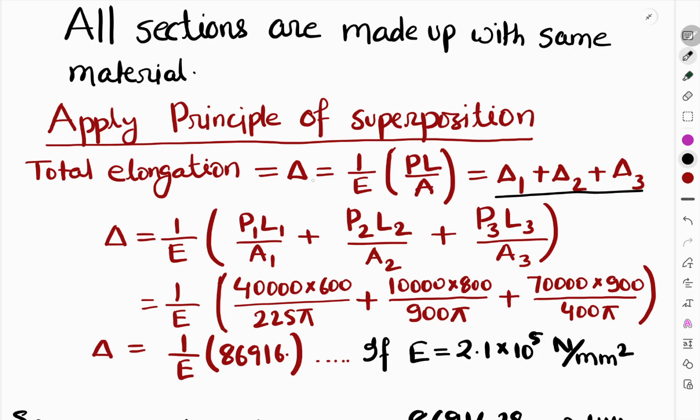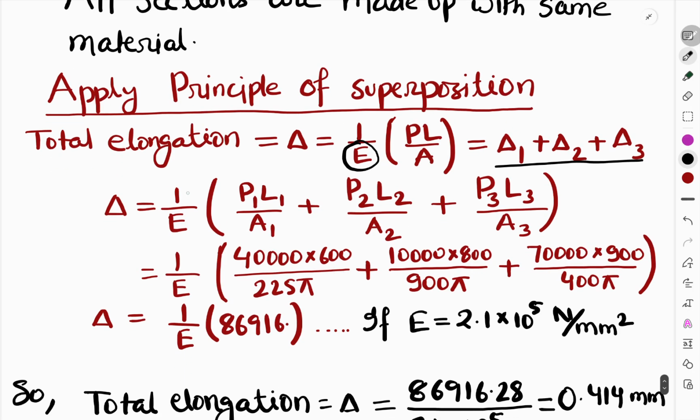As we know, elongation delta is equal to PL by AE. As E is same for all, we will take a common 1 by E. Then load is changing, length is changing, area is changing: P1 L1 by A1 plus P2 L2 by A2 plus P3 L3 by A3.